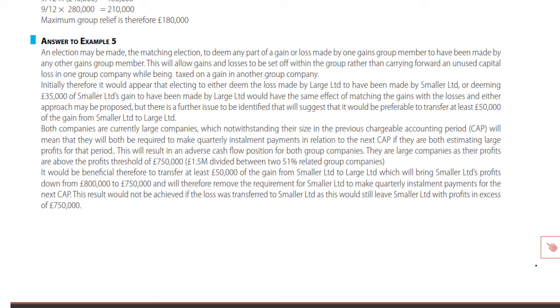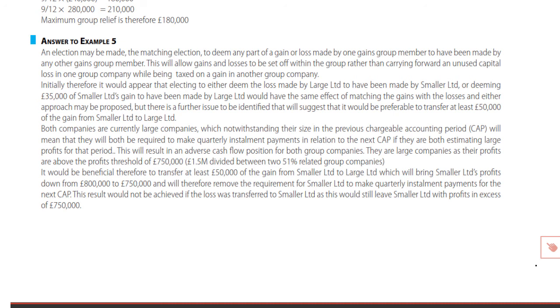So, what we're going to do, therefore, take 50,000 of our £100,000 gain and deem it to have been made by Large. That will offset the 35,000 loss and leave it with a net gain of £15,000.